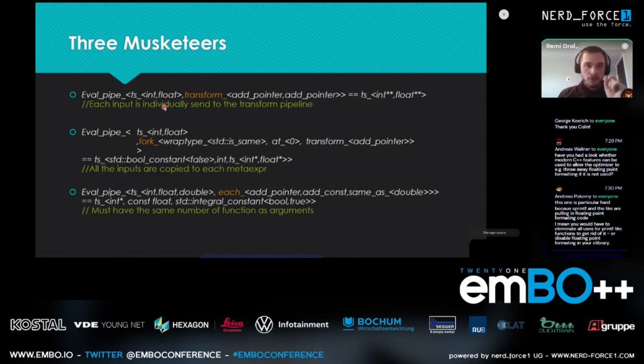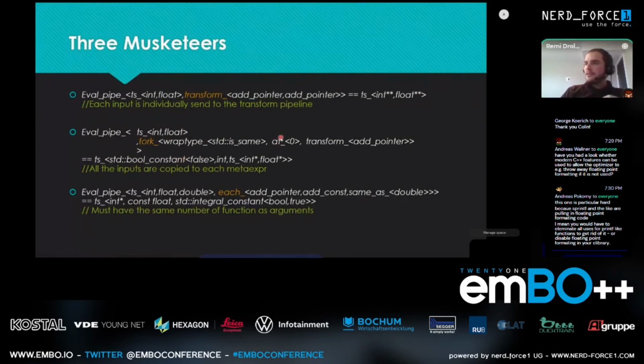Fork is a little bit more complex, but not that much. So fork has a list of meta expressions, and each of them will receive all the inputs. So in the case of TS int float, fork wrap type, is same, will receive int and float, which will output bool constant false because int and float are not the same.